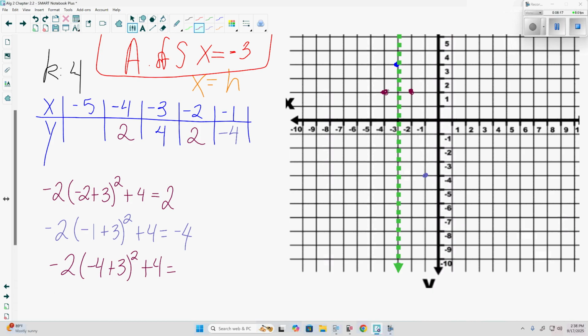Now that should be kind of interesting, because when we moved 1 spot to the left, we got a y value of 2. We moved 1 unit right, got a y value of 2, yes? We moved 1 unit to the left and got a y value of 2, yes?